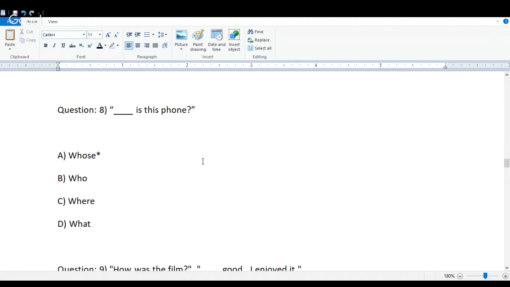Usually I say who is this phone, but whose is maybe a bit old English, but maybe grammatically correct. I'm going to disagree with that statement. Sorry, Ken. Basically, whose is used in possession. So, whose is this phone? I would actually say whose phone is this? I would use it differently.